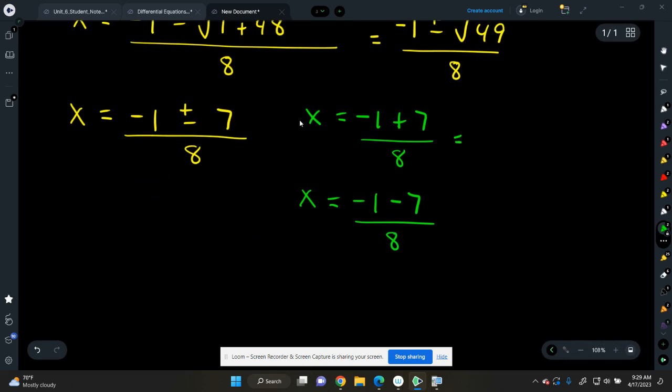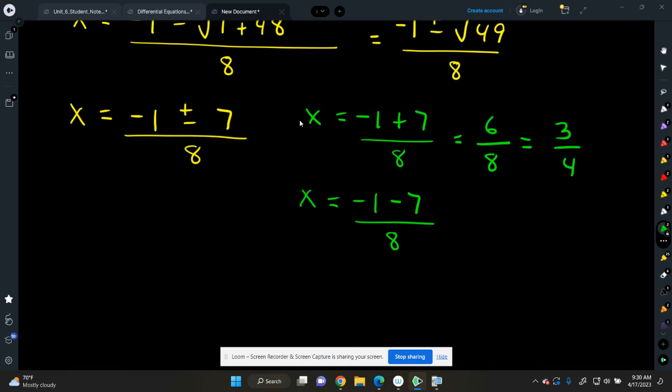So negative 1 plus 7 gives us 6, so we have 6 over 8, which reduces to 3 over 4. It's a fraction, but that's okay. Fractions are answers. And here we get negative 1 minus 7 gives me negative 8 over 8, which equals negative 1.